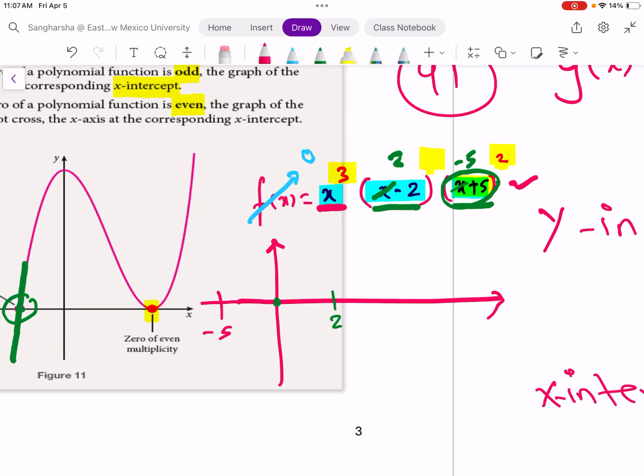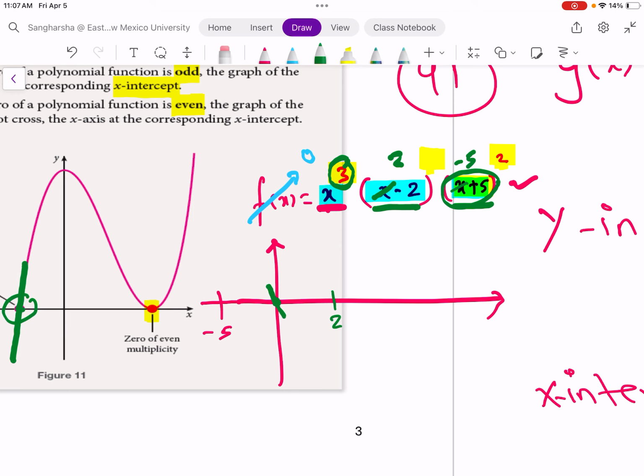How many times is x repeated? 3 times, right? So it means at 0, the x-intercept, the graph has to cross. So we're going to have a graph crossing the x-axis. It's always true. When the multiplicity is odd, the graph always crosses at this point 0.